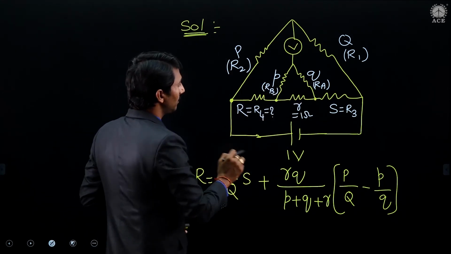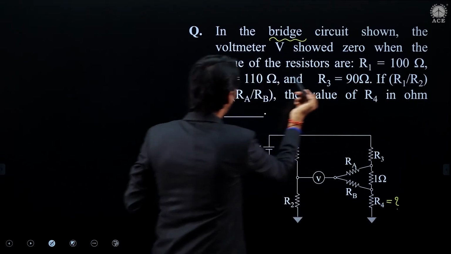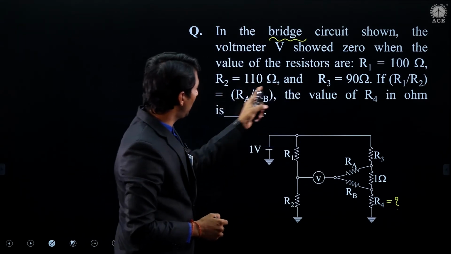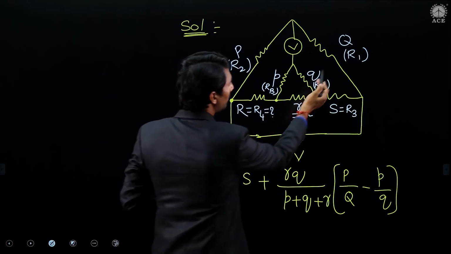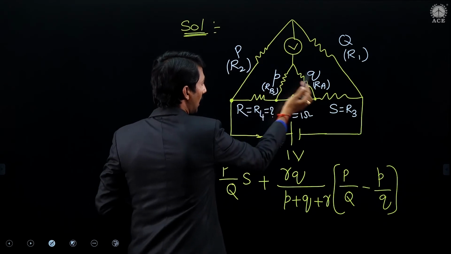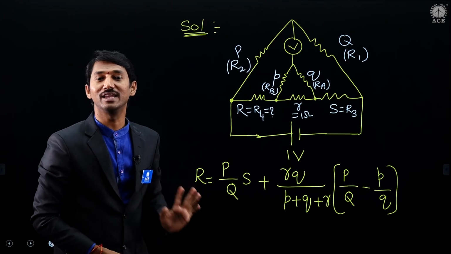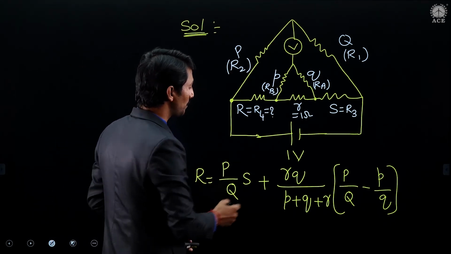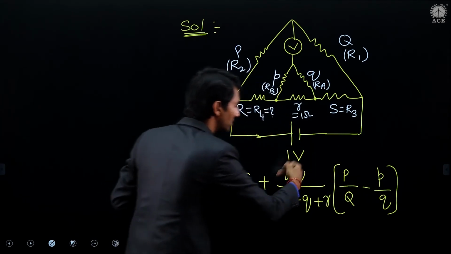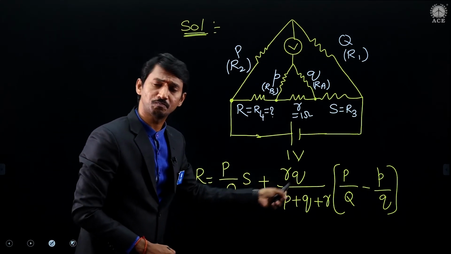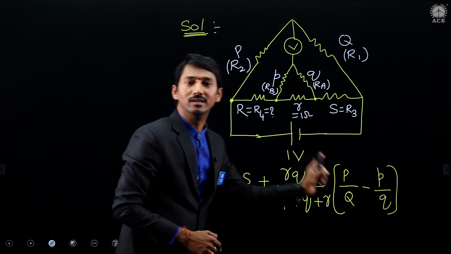Okay, well and good. If you observe this clearly, concentrate here. R1 by R2 equal to RA by RB. He has given. So R1 by R2, RA by RB means P by Q ratio and small p by Q ratio, both are same. So if these two values are equal, this entire value is equal to 0. This and this same, so automatically this entire value is 0.